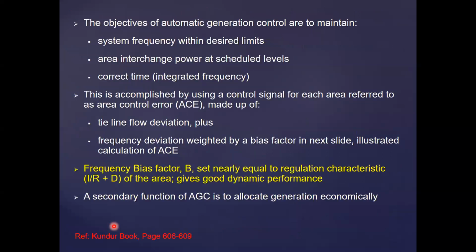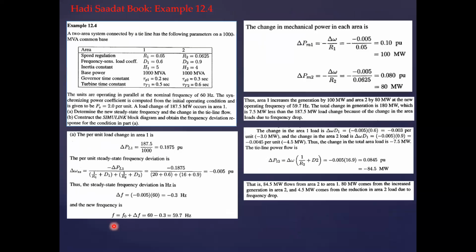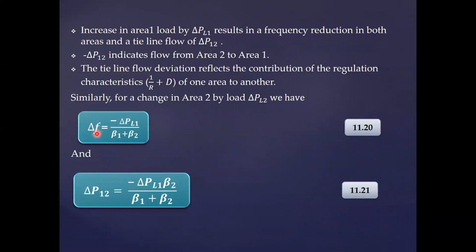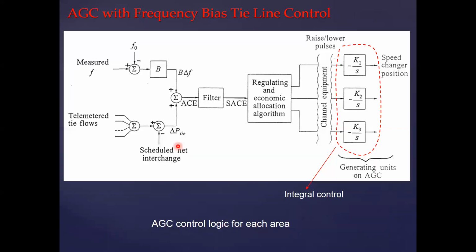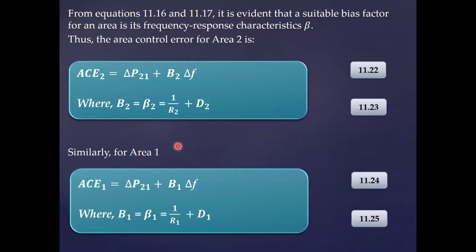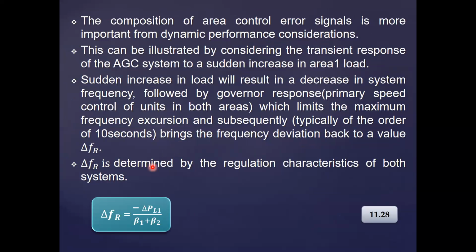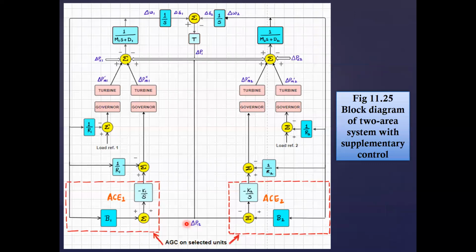We had this delta F there also, but now that we have the area control error, we define this delta F regulation for both the systems. The previous figure is now slightly modified here.